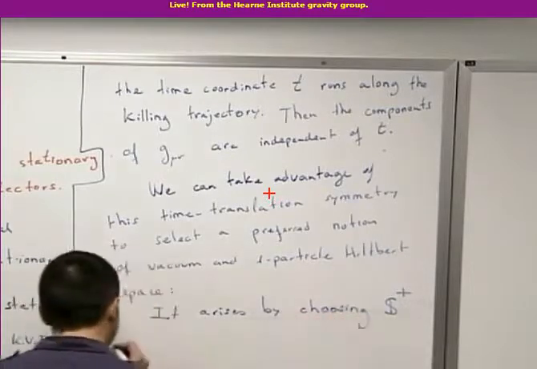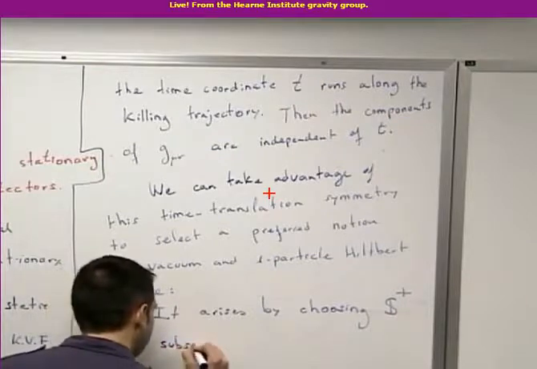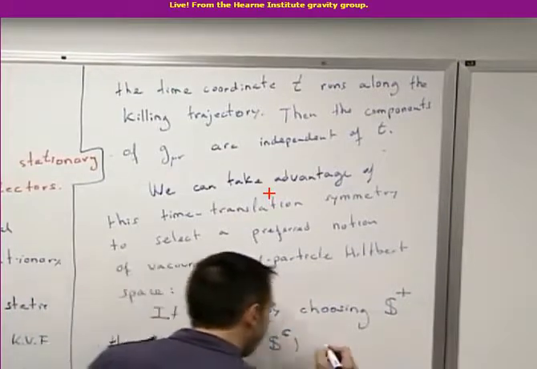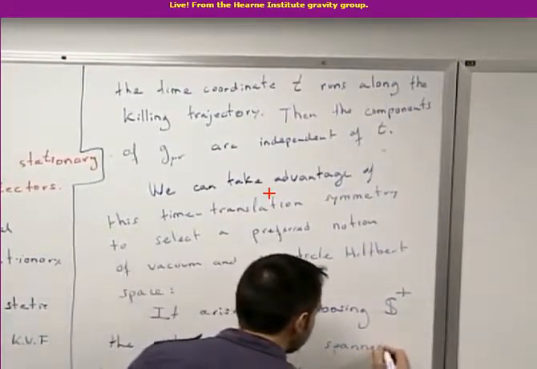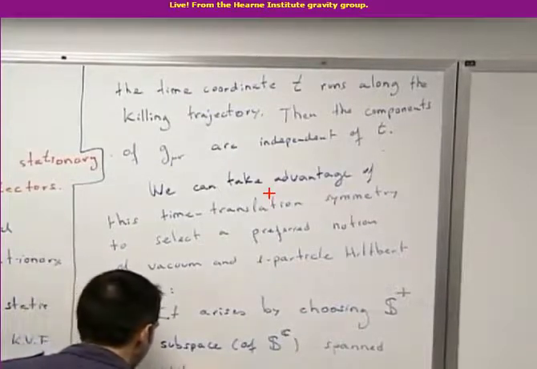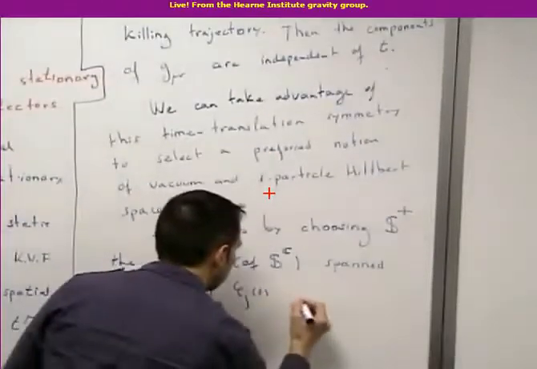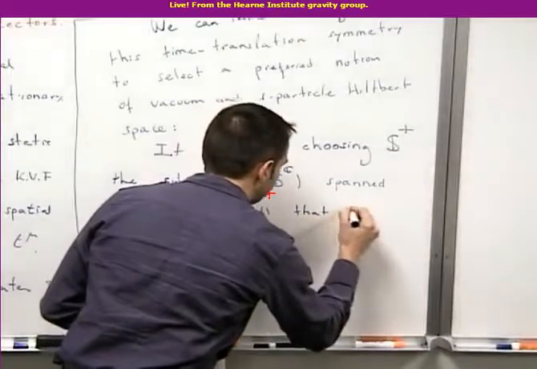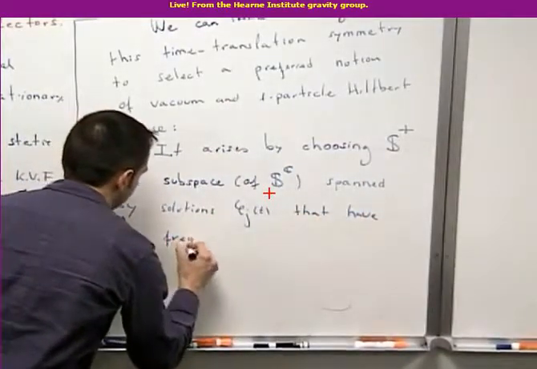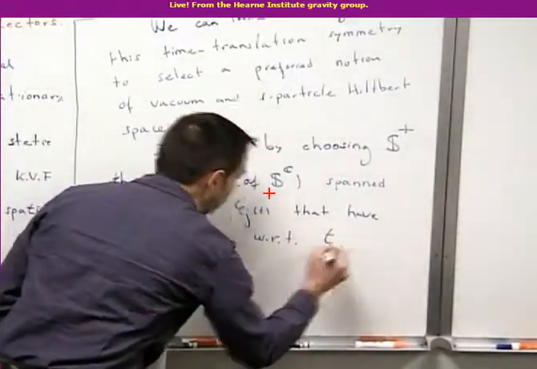So by choosing S plus, the subspace of the complete space of solutions spanned by solutions phi of t that have positive frequency with respect to the Killing time.